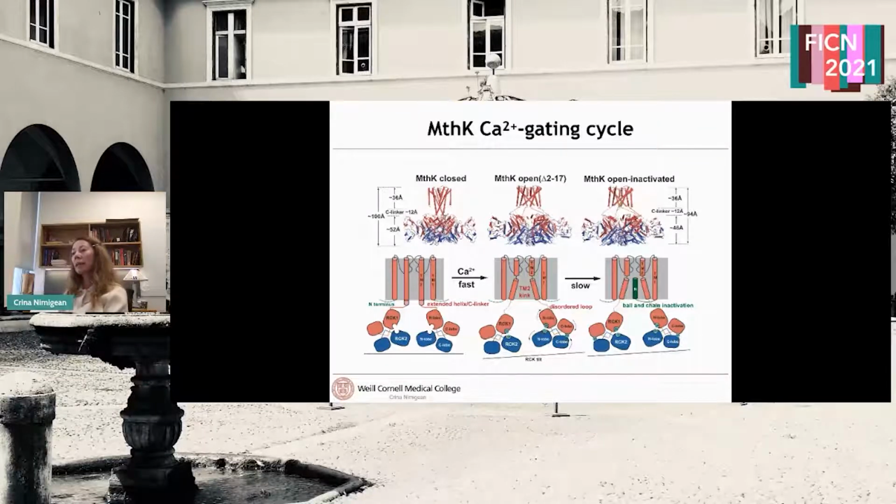When calcium is applied, there's a conformational change that occurs in the RCK gating ring, which pulls on the TM2s in some manner, and it leads to a disordered S-linker and to the unfolding of the bottom two helix turns of the TM2. Again, the N-terminus is not visible because it's not in the pore, and the channel is open at the bottom. And slowly, this channel inactivates by this ball eventually making its way into the pore, and we have this structure here.